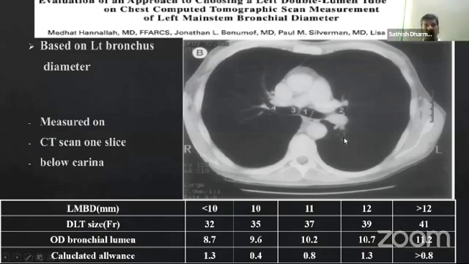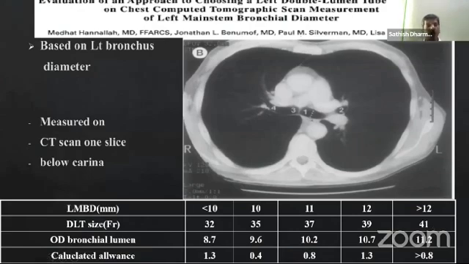So you assess the bronchial diameter one level below the carina. If it is less than 10 millimeters, then use 32. If it is 10 millimeters, 35; 11, 37; 12, 39; and more than 12, 41 French, respectively.